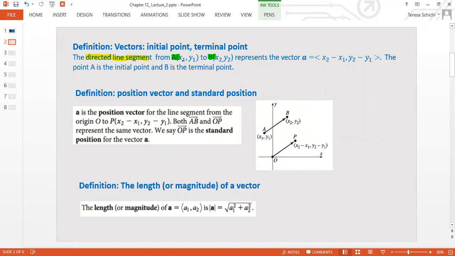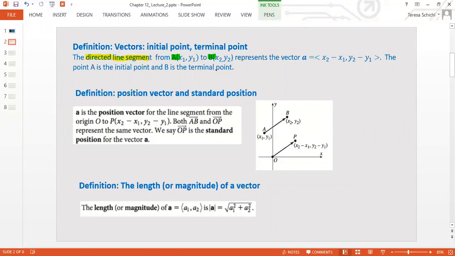If this vector is from A to B, then A is your initial point and B is your terminal point. So from A to B is a direction.